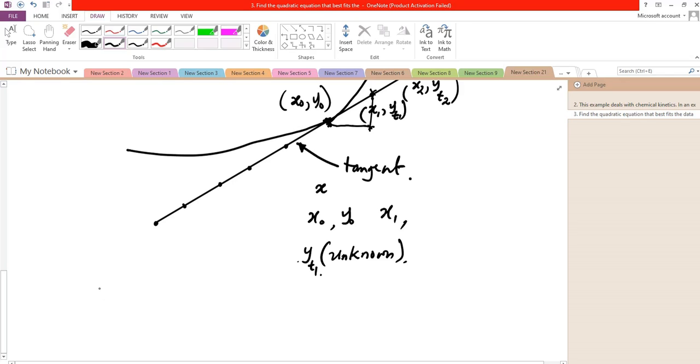Now for subscript t1, you have something like this.